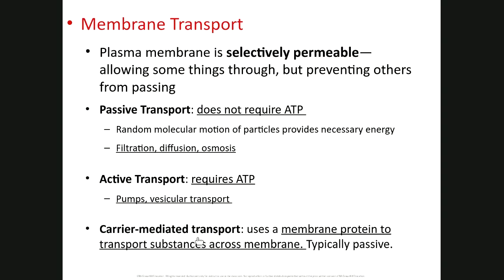And so what we'll see is that there will be a membrane protein, such as a channel, for example, or a carrier that is going to transport that substance across the membrane. And it says here it's typically sort of like a passive process. Carrier-mediated transport, most of the time, does not require ATP.